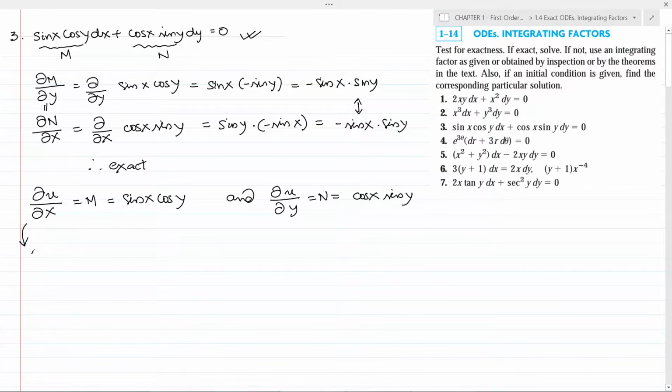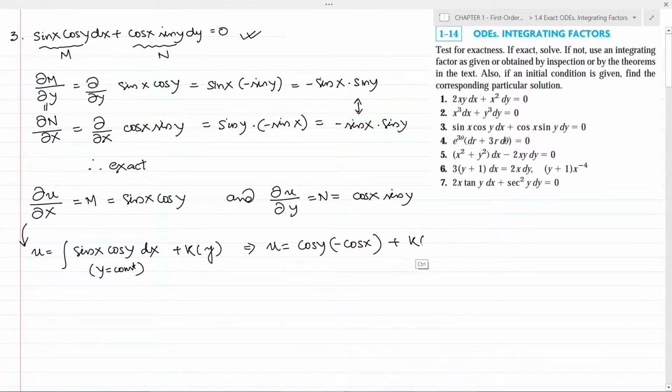Now from this we can write u equal to integration of sin x cos y dx, assuming y equal to constant, plus k of y, which implies u equal to, now since y is constant, cos y is also constant, and integration of sin x dx is minus cos x plus k of y, which is equal to minus cos x cos y plus k of y.